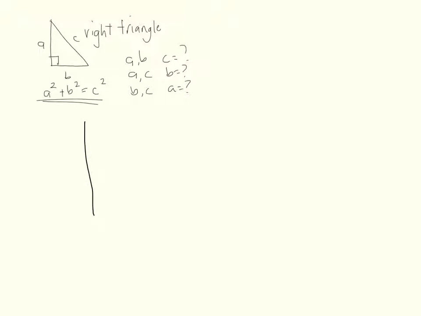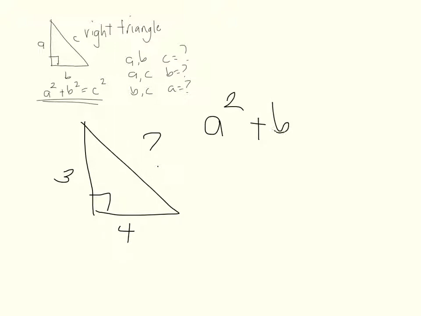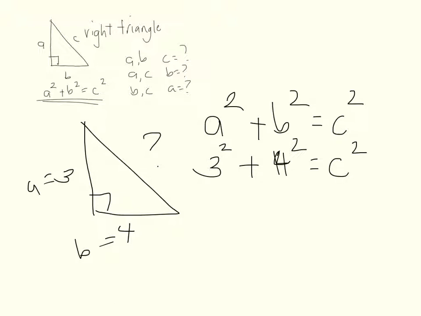Say I have this triangle here. I know this to be 3, I know this to be 4, and I want to find this side. Since we know that A squared plus B squared is equal to C squared, A can be any of these two sides. So I can set this to be A and this to be B. That means 3 squared plus 4 squared is equal to C squared. 3 squared is 9, 4 squared is 16, and this is C squared.